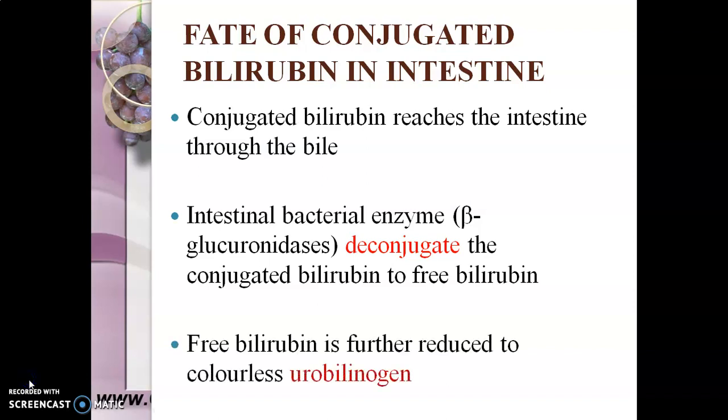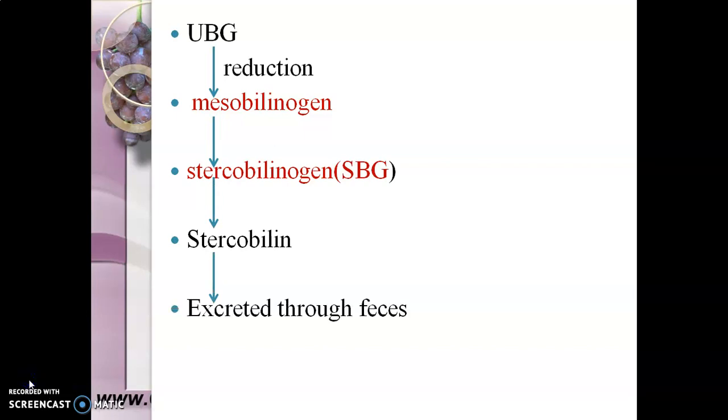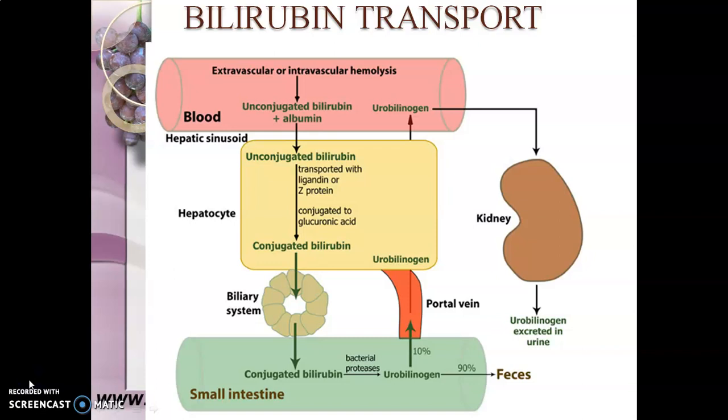The free bilirubin is further reduced to colorless urobilinogen, which is further reduced to mesobilinogen, then stercobilinogen. Stercobilinogen is oxidized to stercobilin and is excreted through feces.